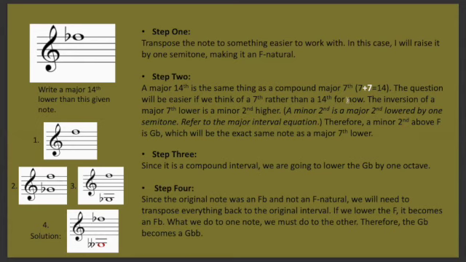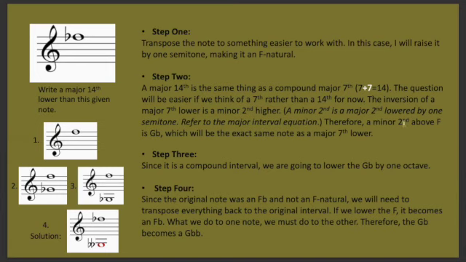Now, because the interval is lower, we have to find the lower note, then we use our inversions. The inversion of a major 7th lower is a minor 2nd higher. A minor 2nd is a major 2nd lowered by one semitone, so refer to the major interval equation again.